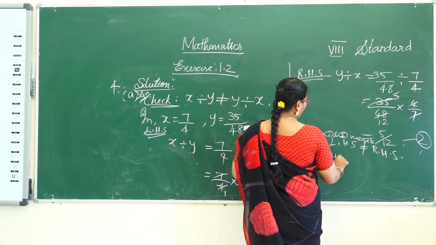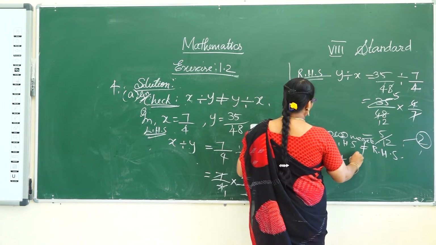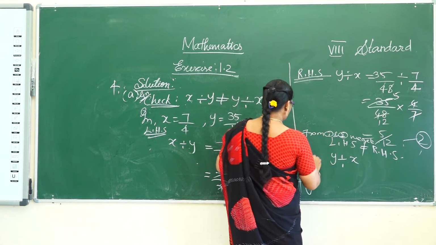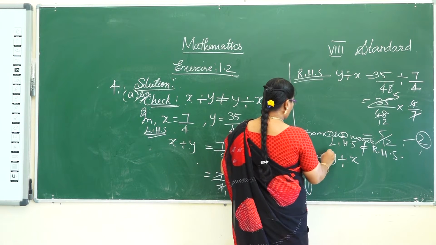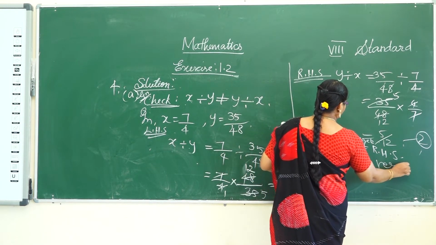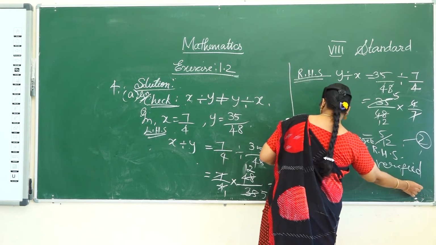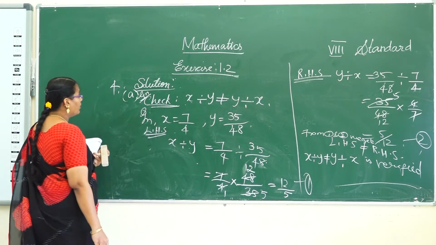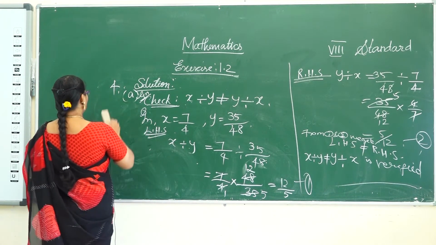Hence verified: x divided by y is not equal to y divided by x. The second B problem is homework. Now move to the fifth problem.